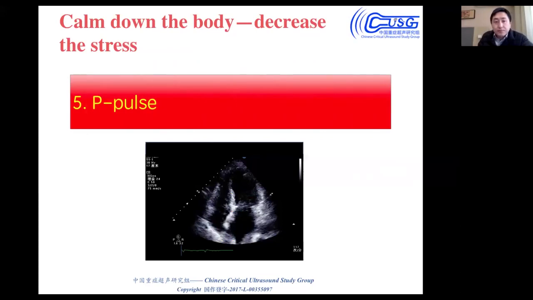So the hyperperfusion of the lung may increase the lung edema, and the stress of the whole body can largely increase the oxygen consumption.